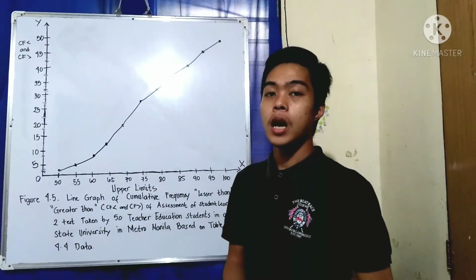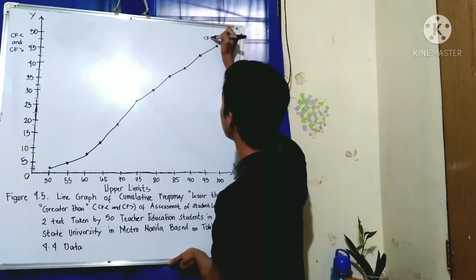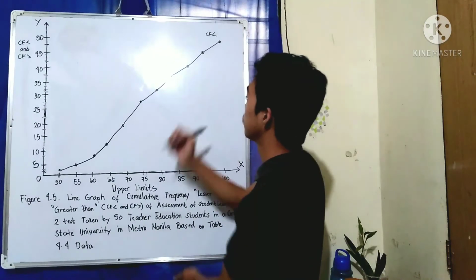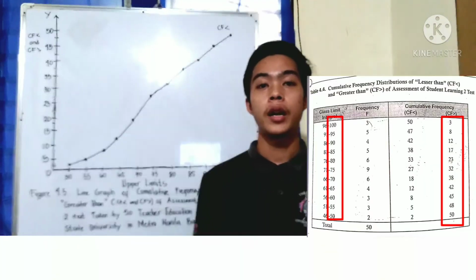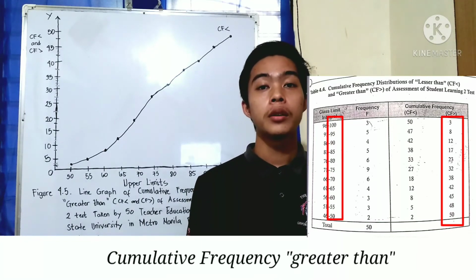Okay, this is now our cumulative frequency lesser than. Okay, let's move on to how to get the cumulative frequency greater than.